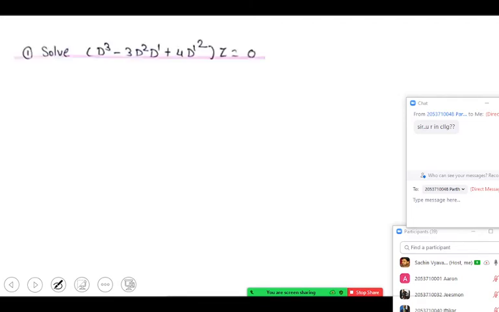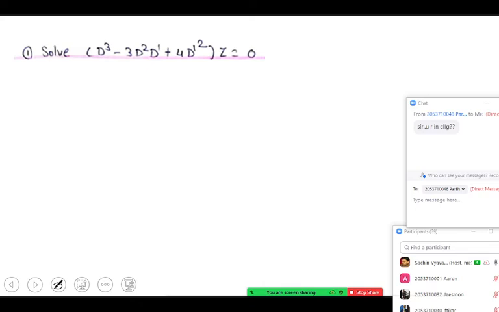Question number 1 is here on the screen. Solve D cube minus 3D square D dash plus 4D dash square of z equal to 0. Yes, you can start. I want the roots of the auxiliary equation.